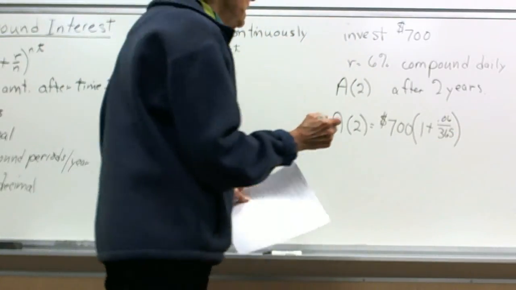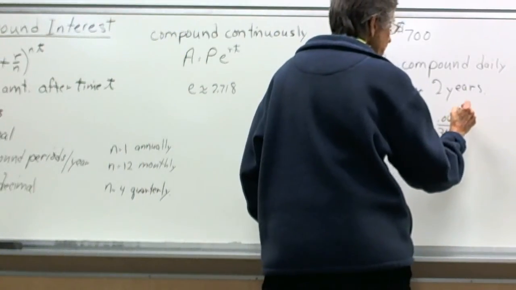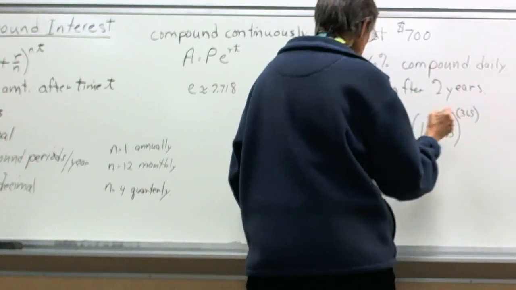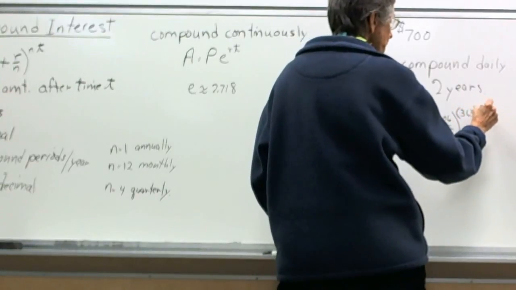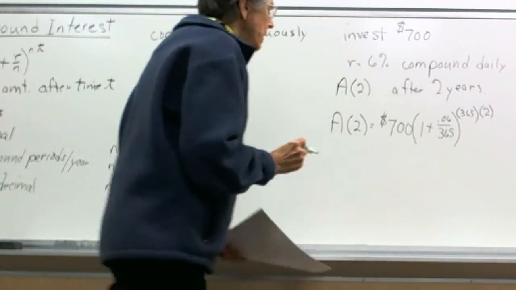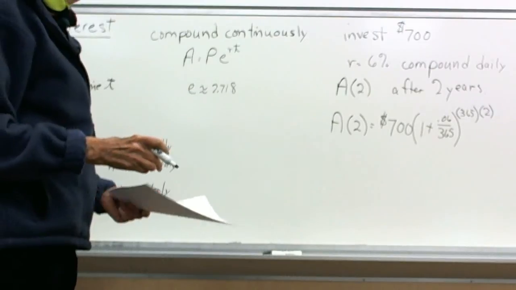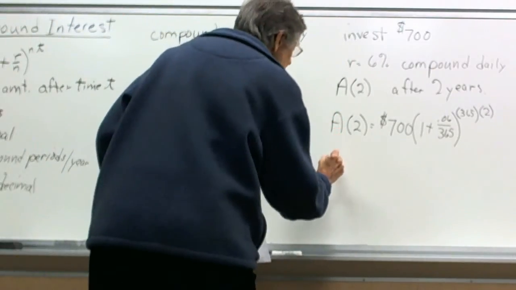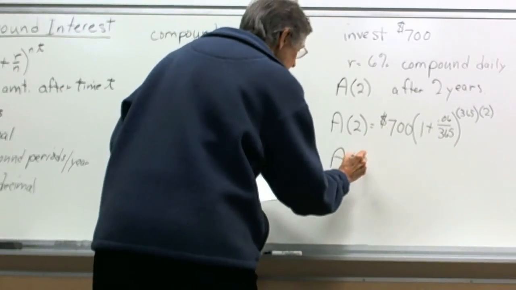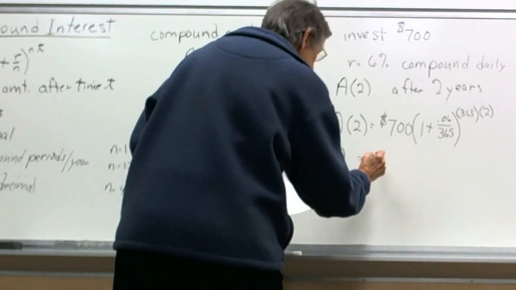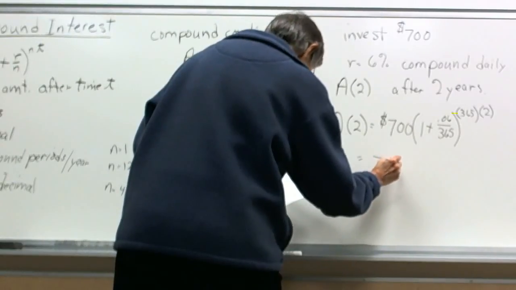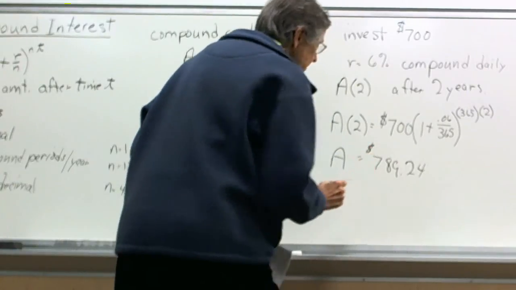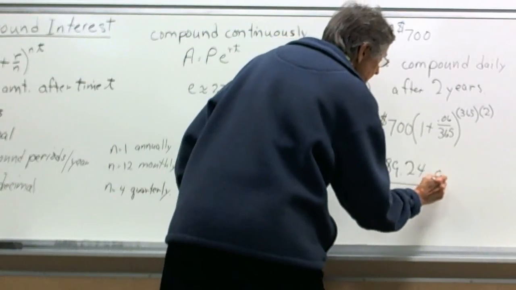And then NT will be 365 compounding periods and 2 years. So we just plug all this into our calculator and we come out with an approximate final amount, which is of course over $700. We'll have $789.24 in our investment after 2 years.